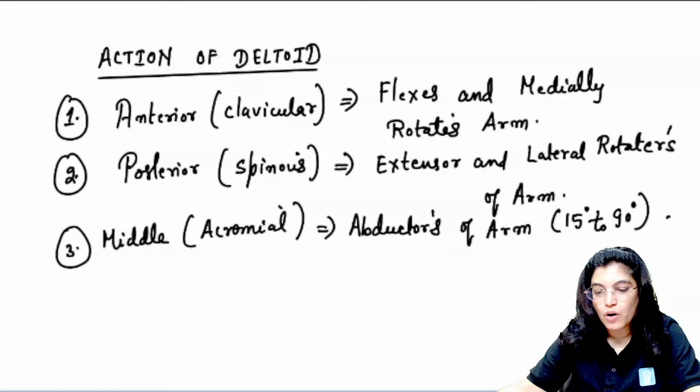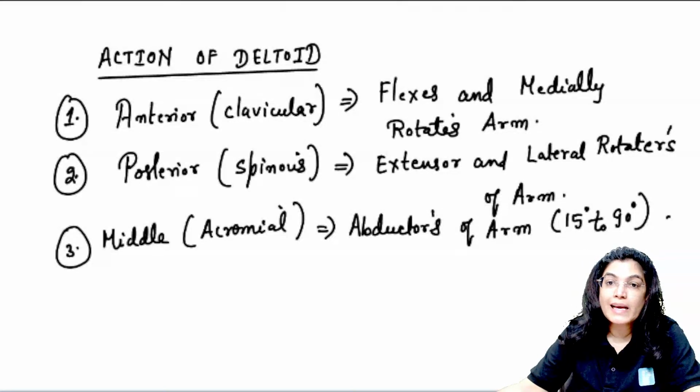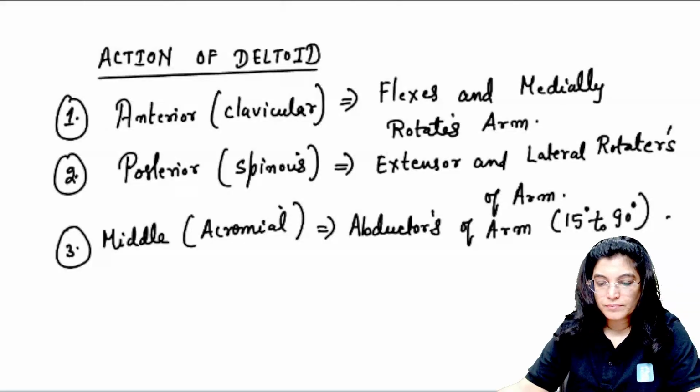Other than that, you should also know the injection site, commonly given in the lower half of deltoid muscle. Why? To save the injury of axillary nerve. So that is a very important point.